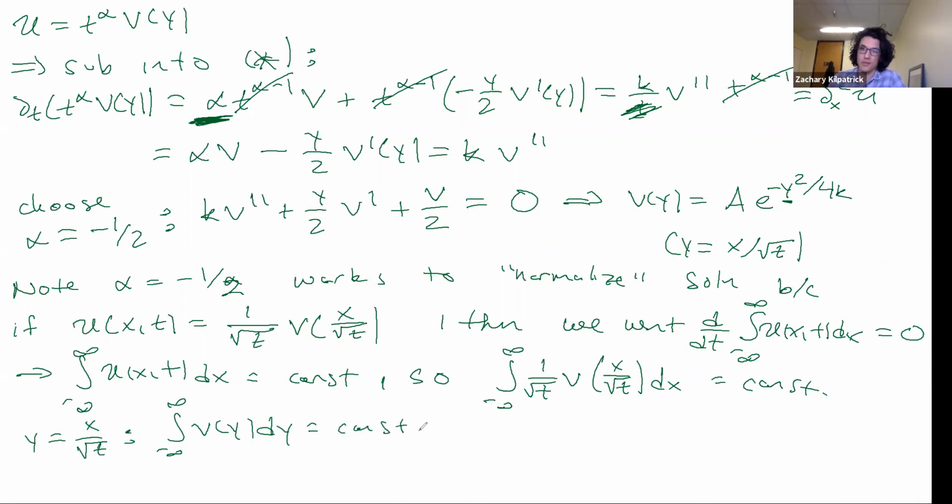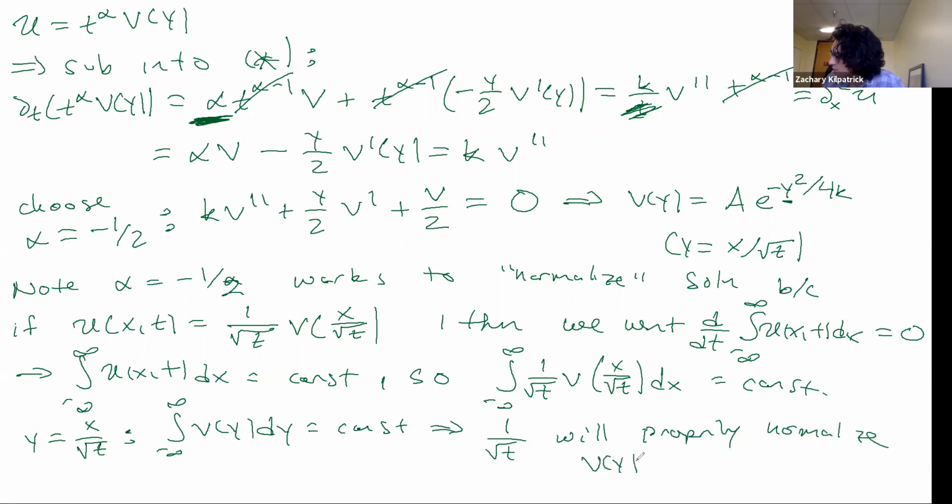So it basically accounts for the fact that when you take this integral, you need this extra factor of square root of t out in front. So this implies that 1 over square root of t will properly normalize v of y.